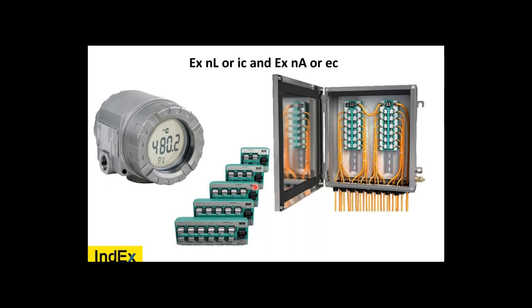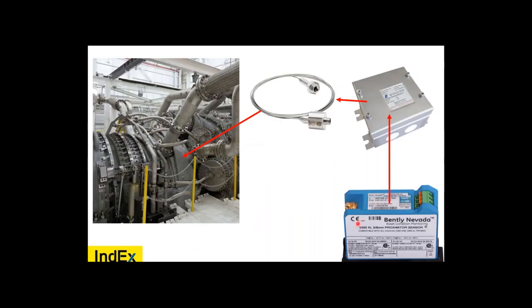Now, EXN used to be compliant under ATEX. EXN only, just mentioning an N, was acceptable as long as it was described in the certificate. But the problem is the manufacturers are not all equal. So here's an example. This is an EXNA IA terminal. So what does that mean?